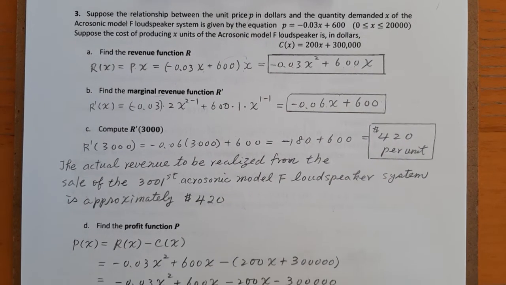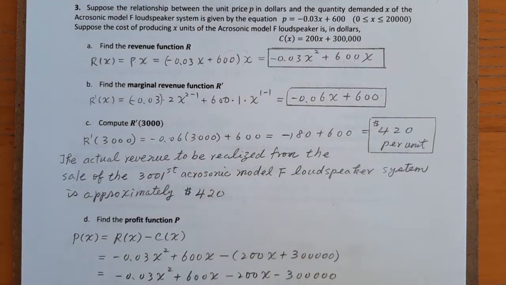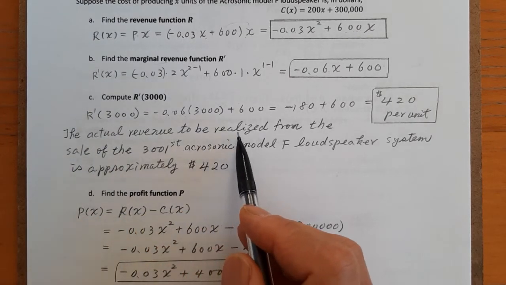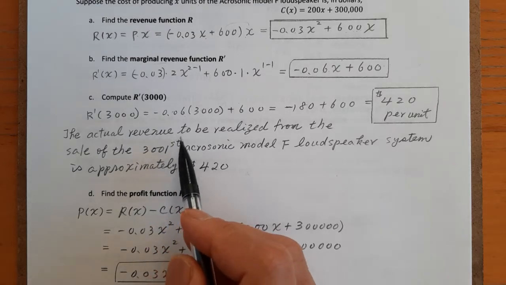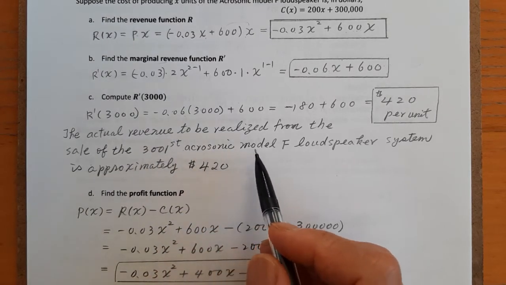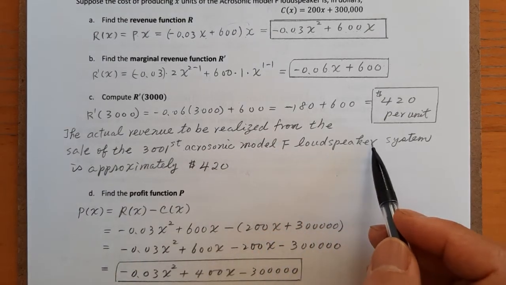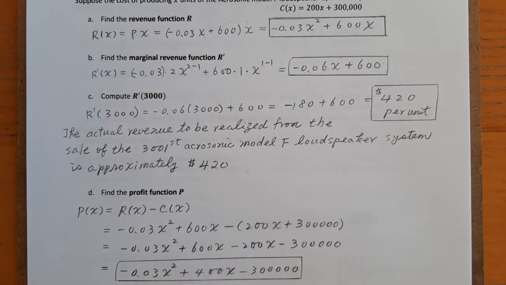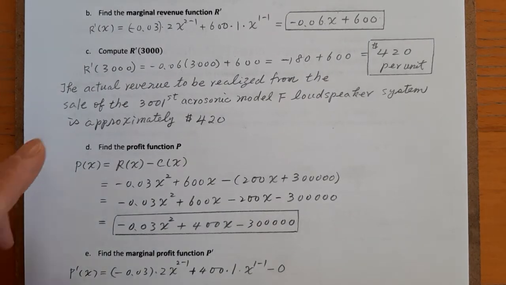The units are dollars per unit. So we say the actual revenue to be realized from the sale of the 3,001st Acrosonic Model F loudspeaker system is approximately $420. That's the revenue per unit at the 3,001st.